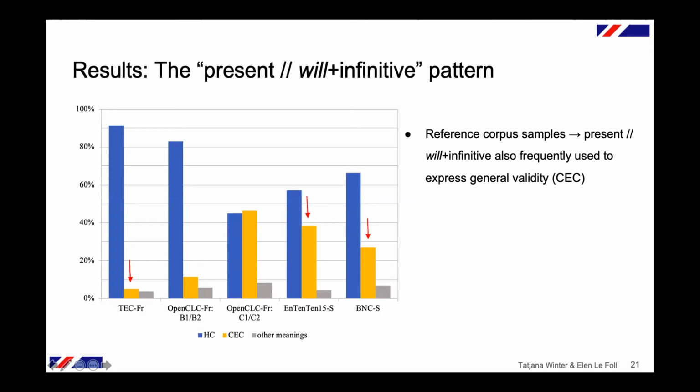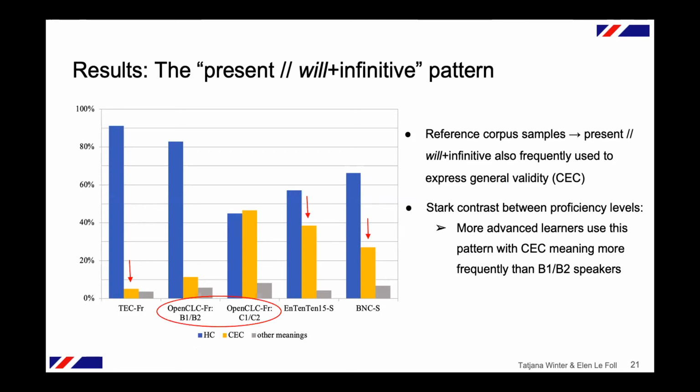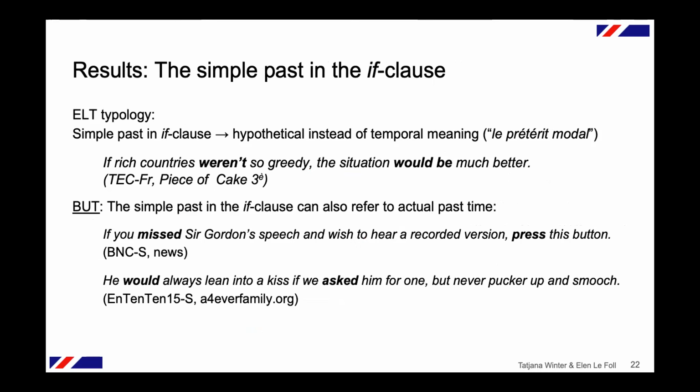And then we subdivided it again according to proficiency levels. That's where we found that the lower proficiency learners in our sample, and they're not beginners, B1, B2, are not using this pattern very much for this meaning. And yet as they get more advanced, then they start using it a lot more. So that's an interesting possible influence of the ELT typology.